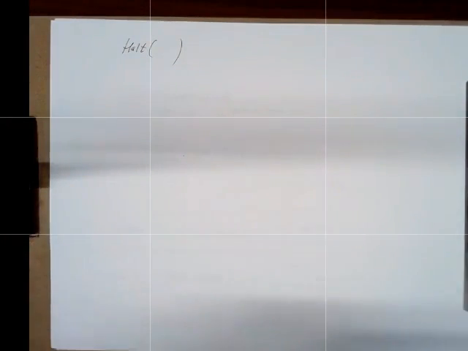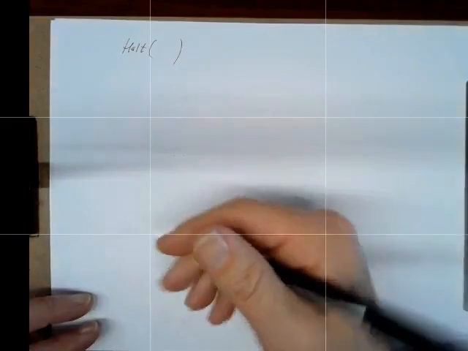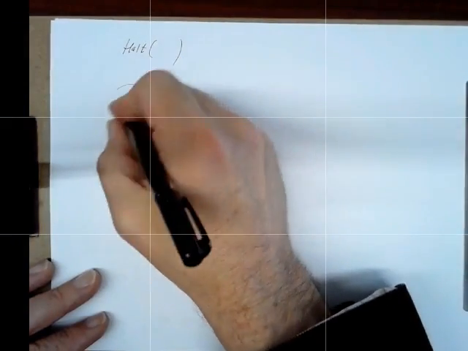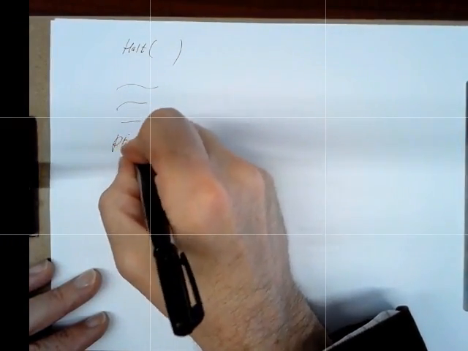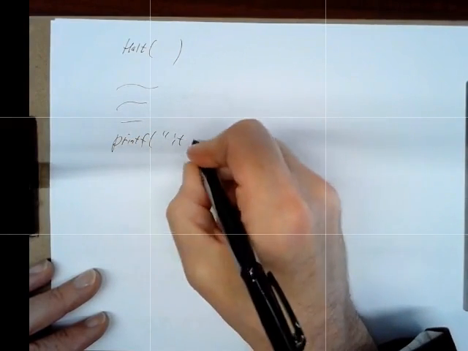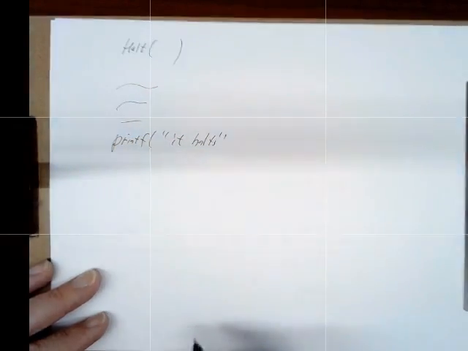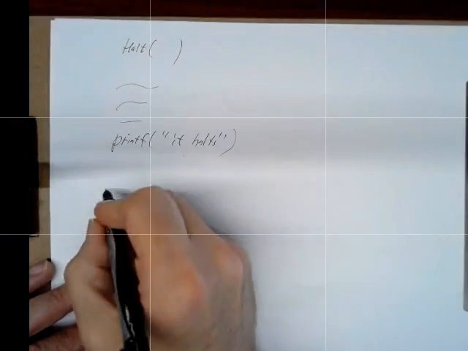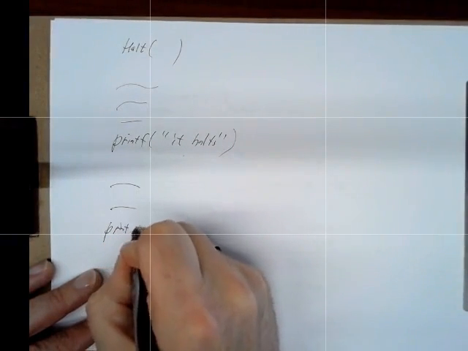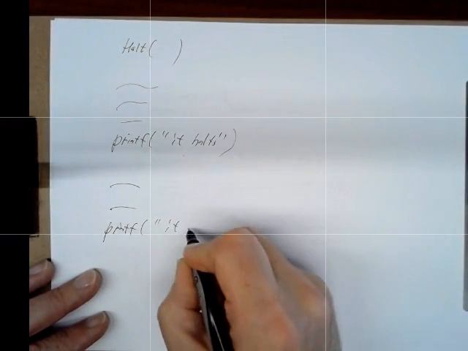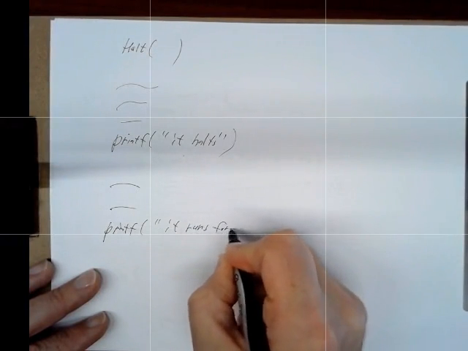And it's going to analyze your code, and it's going to print out the program halts or the program doesn't halt. So somewhere it's going to print out the message it halts, or somewhere it's going to print out the message it runs forever.